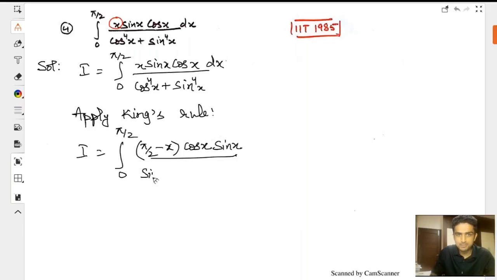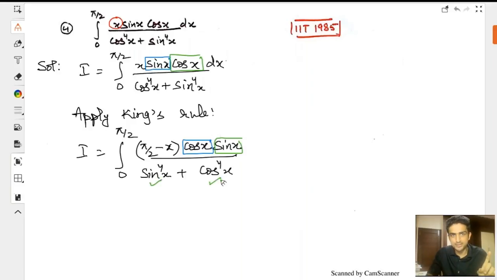That is sine x power 4. And similarly, here we get cos power 4 x. I hope you understand that. Here, when you put pi by 2 minus x, it becomes cos x. And here, when you put pi by 2 minus x, it becomes sine x. Similarly, in the denominator.